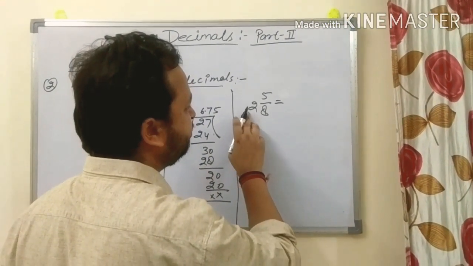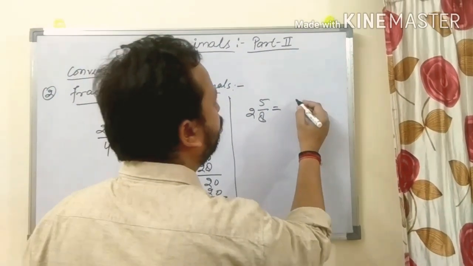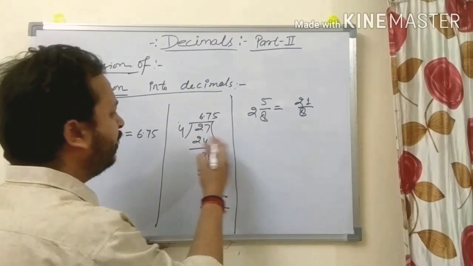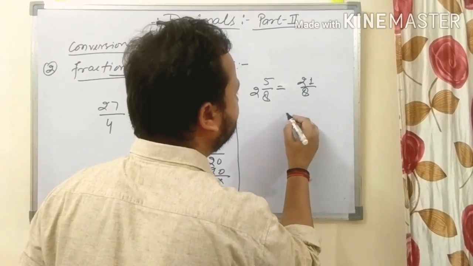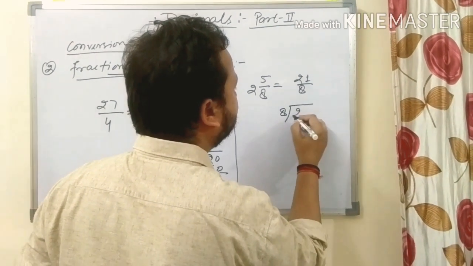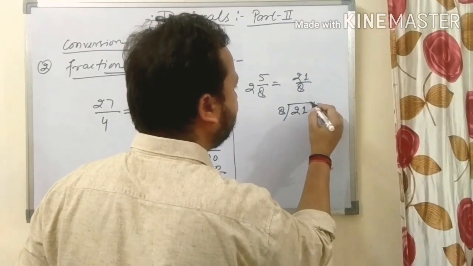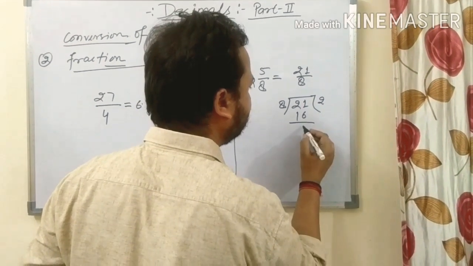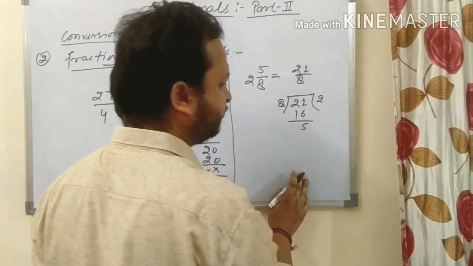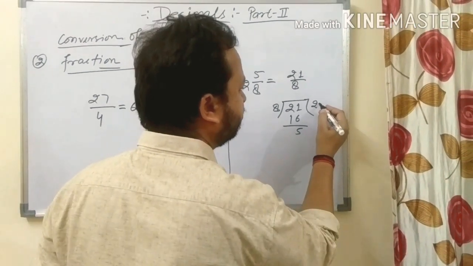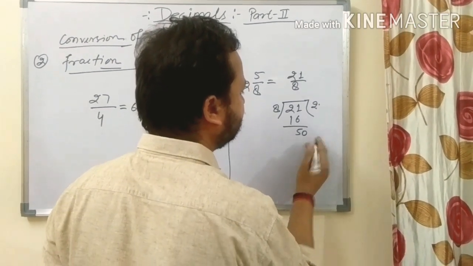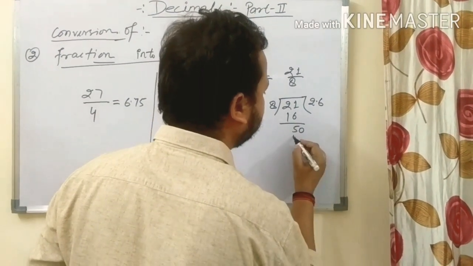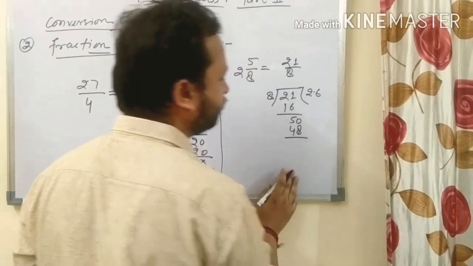In this part, first you have to convert it into an improper fraction. 8 twos are 16, 16 plus 5, 21. So 21 by 8. Then follow the same pattern. 21 is divided by 8. 8 twos are 16. The remainder is 5, right? Put 0 here, 8 sixes are 48.